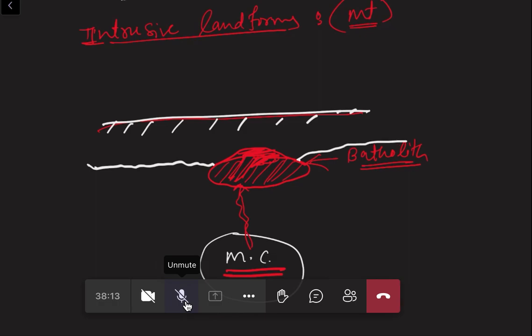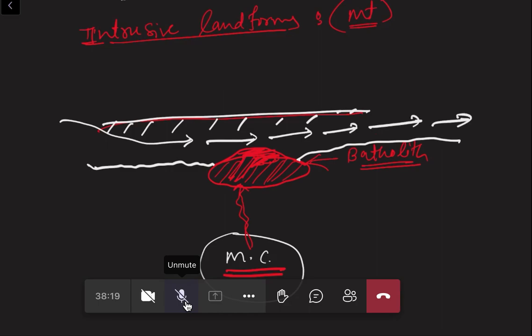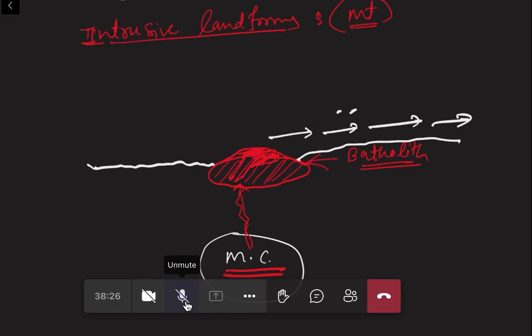Eroded means the surface soil and rock are taken away somewhere. Then this part gets exposed, and what remains is this only. This batholith is now exposed rock, and it looks like a mountain, like a hill to us. So these are intrusive volcanic mountains.